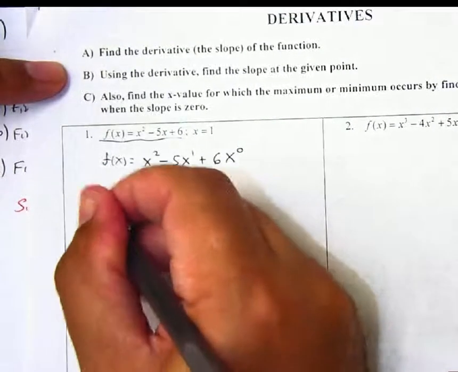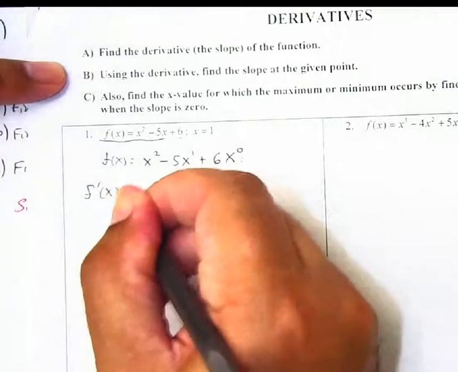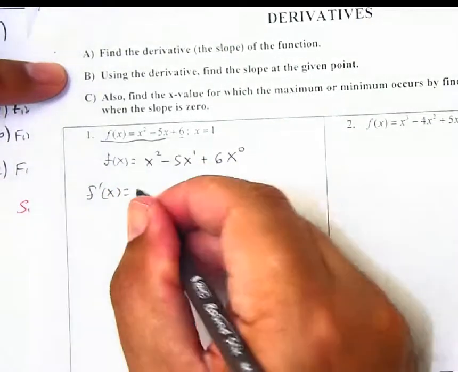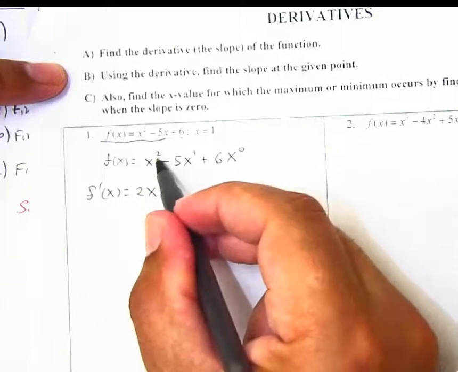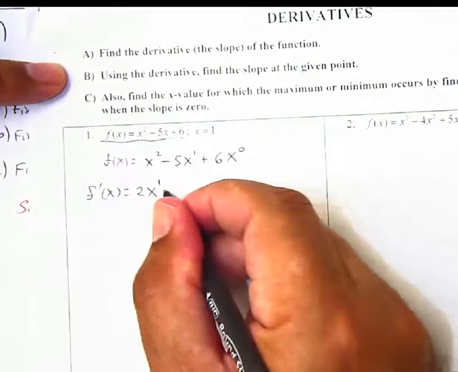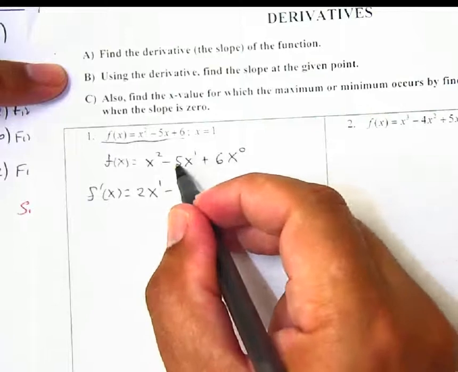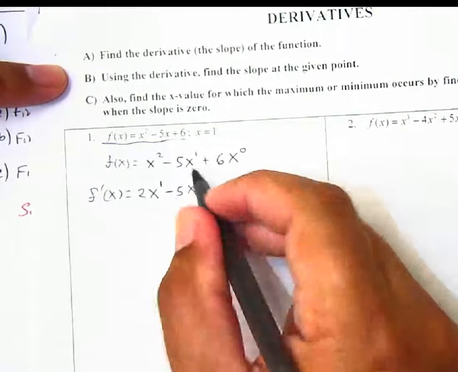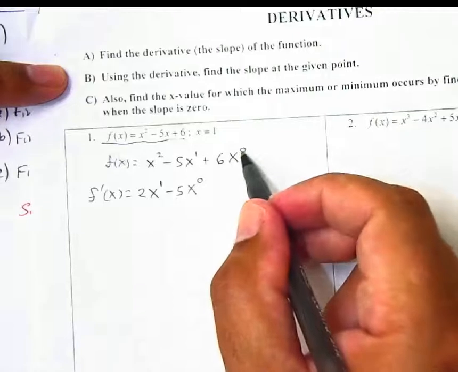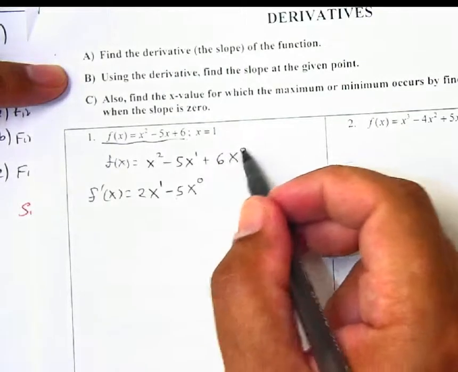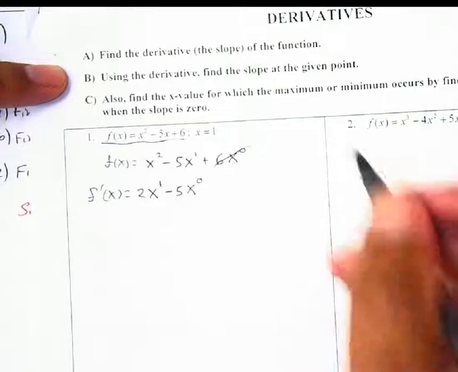Now I'm going to find the derivative using the two rules that I talked about. Bring the exponent down, so 2x, and the 2 gets reduced by 1, so that becomes a 1. Minus, bring the 1 down, 1 times negative 5 is just negative 5, x to the 0. For the last term, bring the 0 down and multiply times the 6, that's just 0, so I don't have to worry about that term.